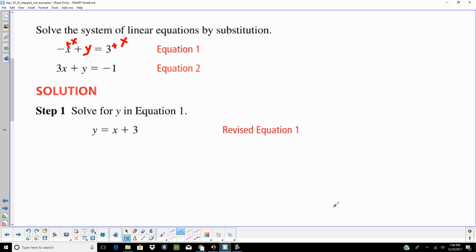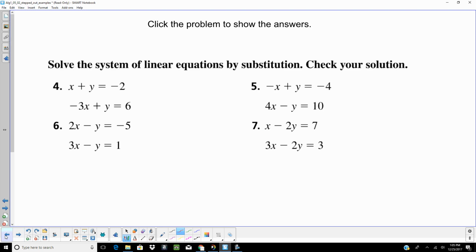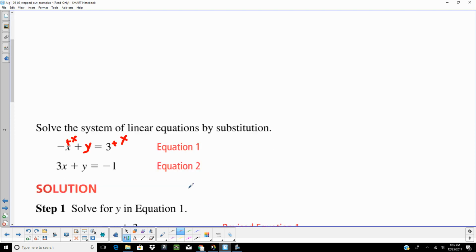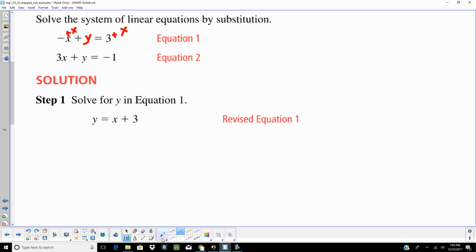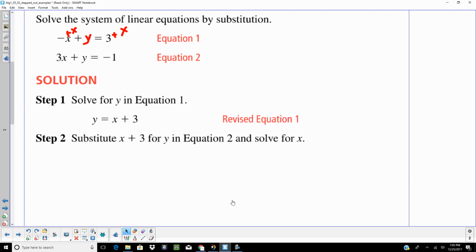That's the same as x plus 3. So now, oops, sorry about that. Now one of my variables is solved for. I have y by itself. I'm going to substitute that into equation number 2. So I'll take out that y and put in x plus 3.